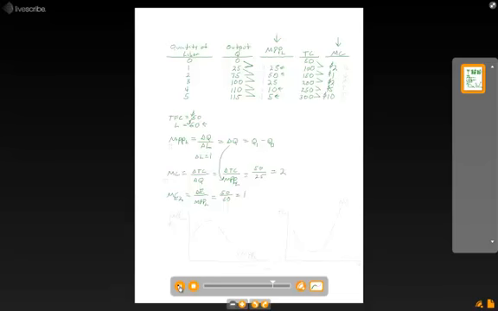So what you notice is, if we hire worker number 1 and worker number 2, our marginal physical product actually increases for both of those workers, while at the same time our marginal cost falls.